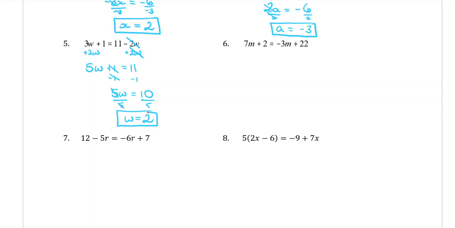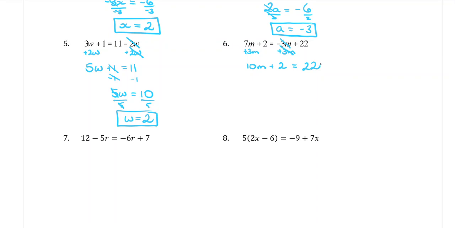All right, question 6. What is my first move? So the 7m and the minus 3m. That's my first move. Plus the 3m, wonderful. What will that make? 10m and plus 2 equals 22.